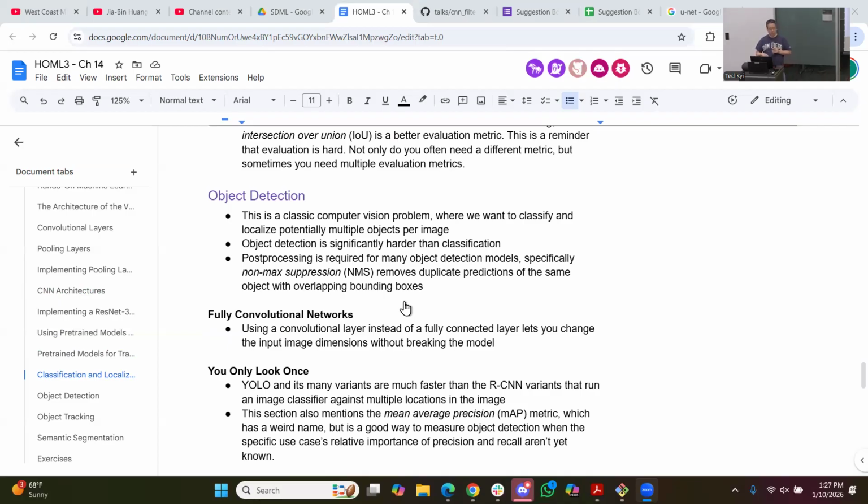I would call it a heuristic. It's not really a special algorithm, but it just removes duplicates. So if you said, I'm 50% sure I might see a person here, but 40% the person's slightly to the right, it's not going to say there are two people there. It's going to say those are both just not-sure predictions of the same person. That's the idea.